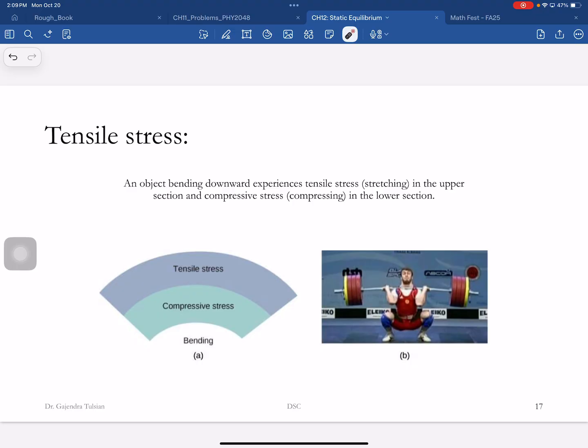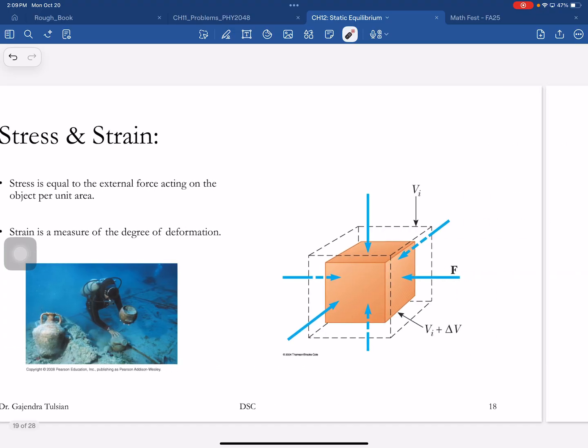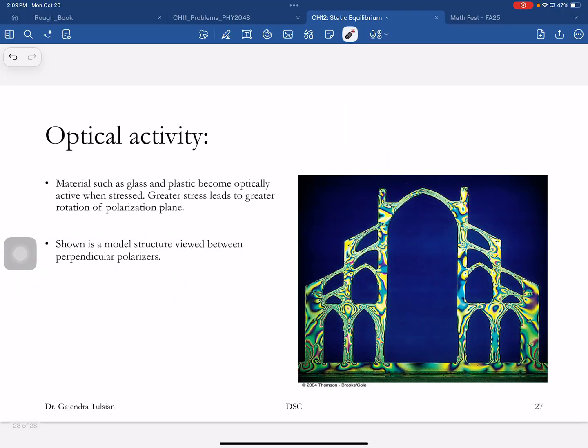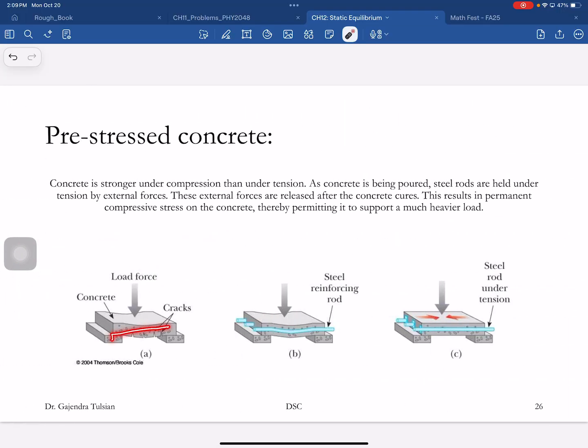All right, so this kind of stuff you face in your structures as well. Okay, so here, let's say this is the span of a bridge. If you drive across the bridge, the bottom portion stretches, the top portion compresses. So in a bridge, that's where you would develop cracks.